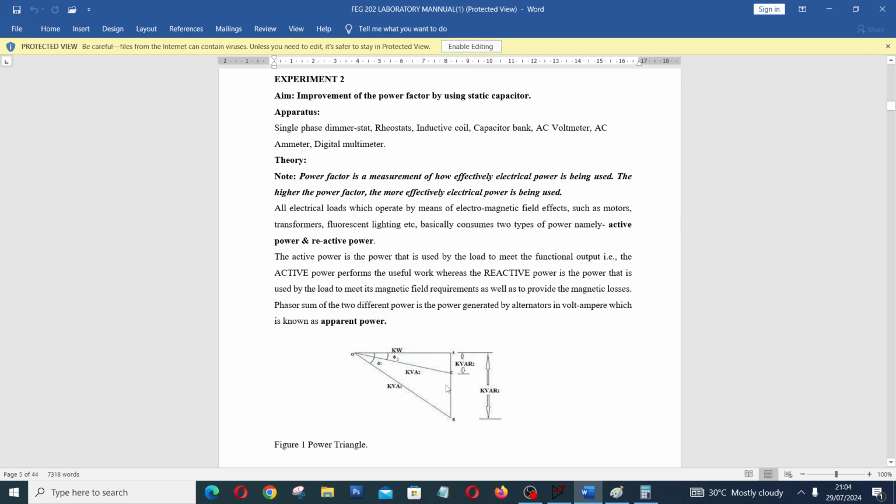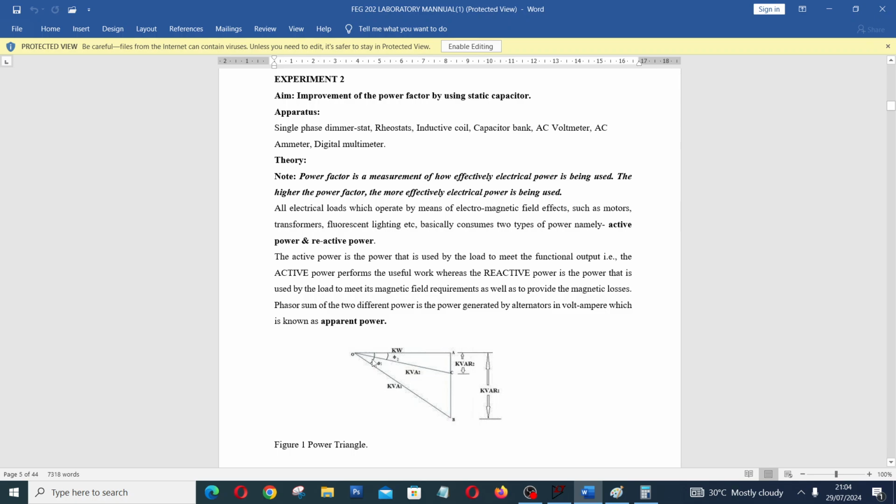So the whole essence of power factor correction is to make sure that the reactive power is reduced to the barest minimum. And when the reactive power is reduced, right from what you can see on the board, we are invariably reducing the phase angle between the voltage and current, that is the phase angle of the system.